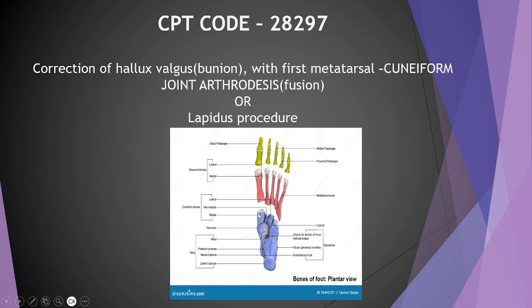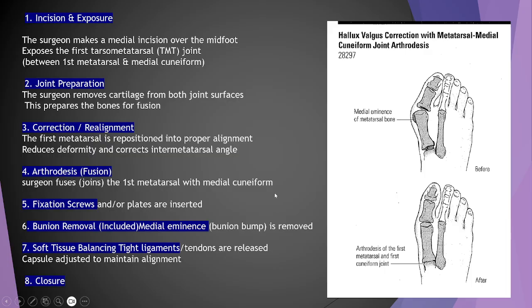So we make the incision over the midfoot, expose the joint between the first metatarsal and the cuneiform bones, and the joint preparation has been done.